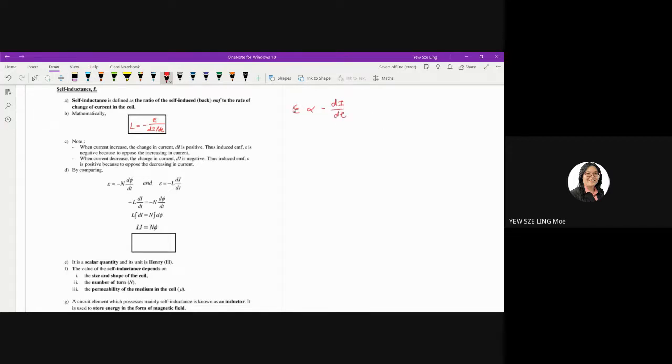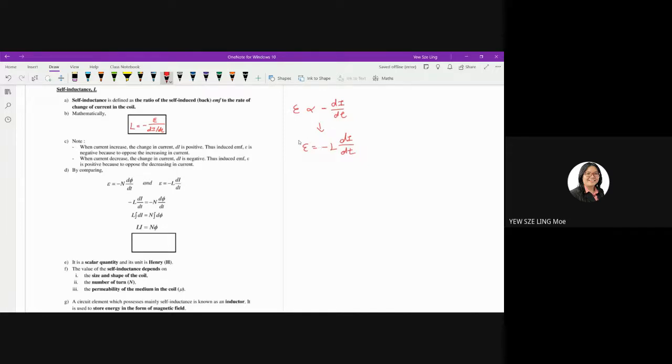Why? EMF is generated in the self-induction process due to the change in current over time. The direction is always opposed to the change, therefore we put a negative sign in the relationship. From here we obtain the mathematical equation: EMF equals negative L di over dt.